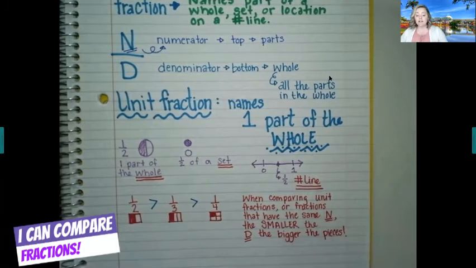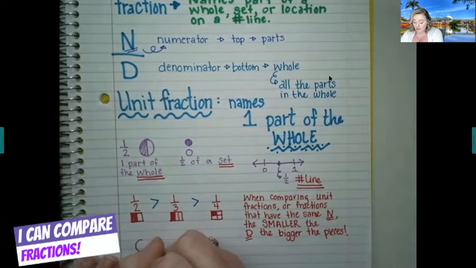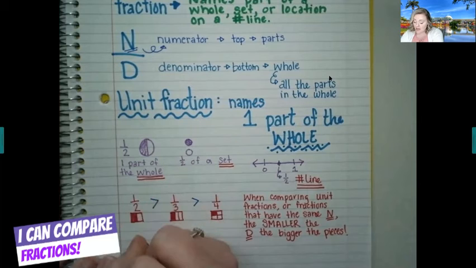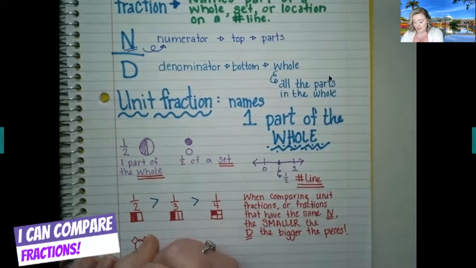So when we think about this, it's opposite of what we would normally think. Another way to explain it is that if you are sitting at a table, so here's your table, and you get to share with 3 friends, there's going to be thirds here, you're going to get 1/3 of a pizza.